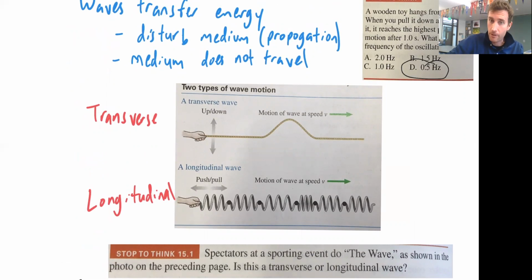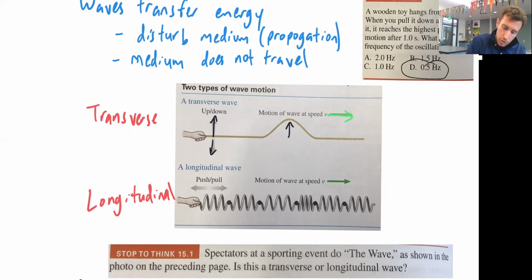A transverse wave, the motion of the wave is perpendicular to the direction of the wave speed. So in this case, the wave speed is going to the right, but the wave itself, the particles would go up and down. So here I'm going up, and so this is a transverse wave because I'm going up and down as the wave is going sideways.